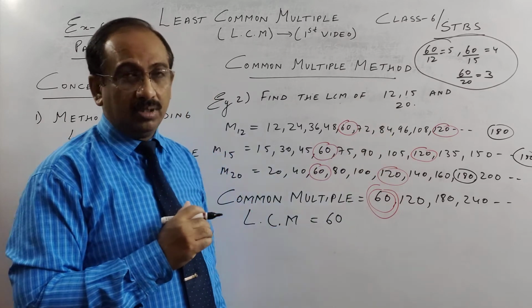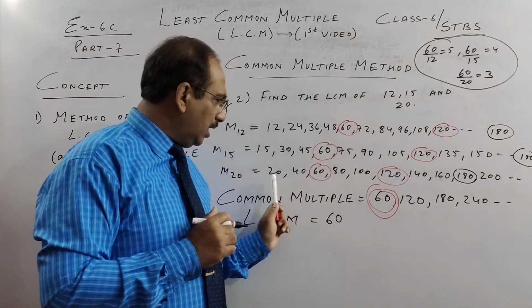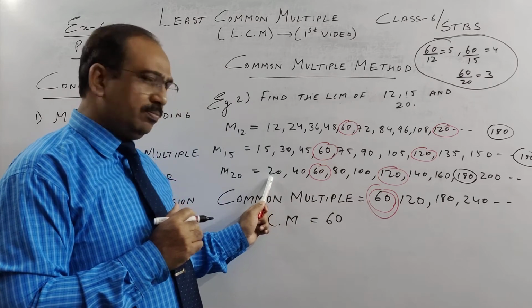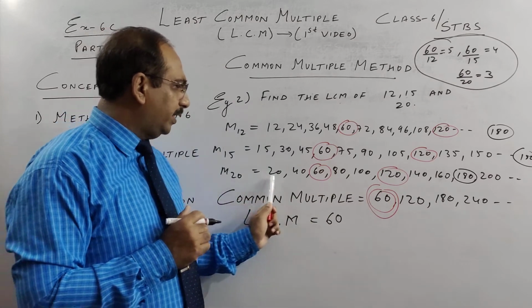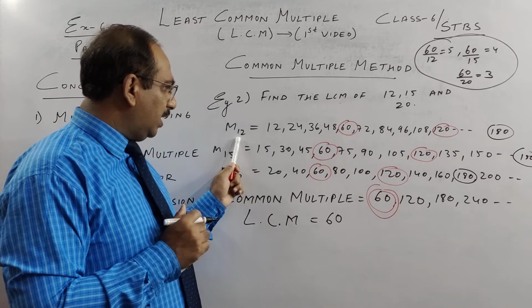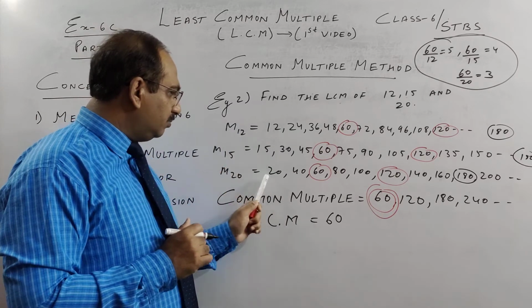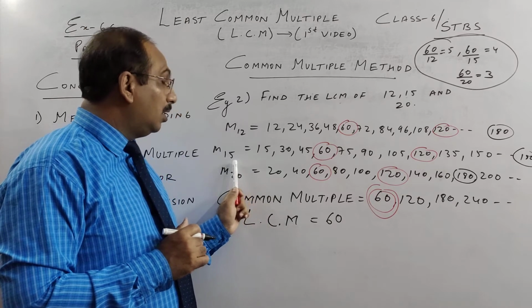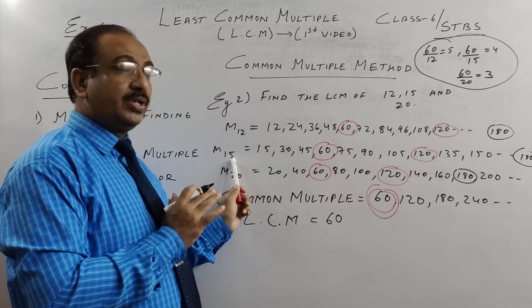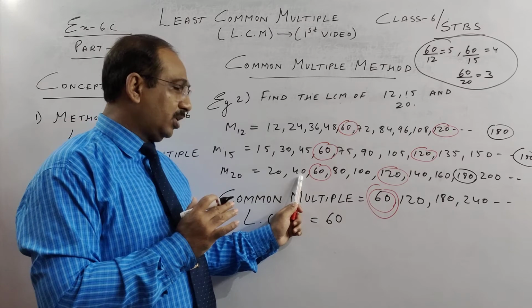Take the largest number. In the largest number table, we start with 20, ones are 20. Does 20 come in table of 12? No. Does 20 come in table of 15? No. So take 20 twos are 40.